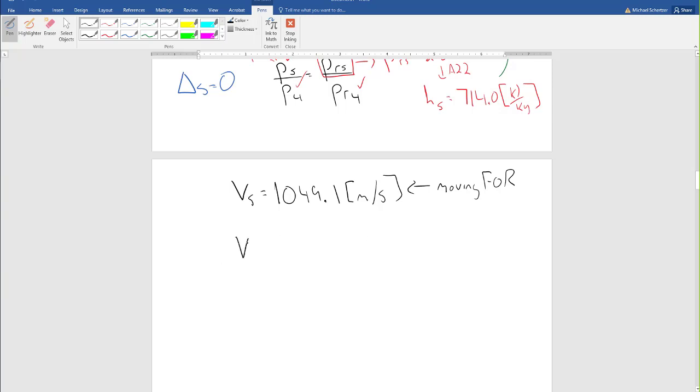So to get V5 in the stationary frame of reference, this would be V5 moving frame of reference minus the velocity of the jet, which for us in this case, because we're not going to talk about headwinds and tailwinds and stuff, this is the same as VA, right? So this is going to be 829.1 meters per second.